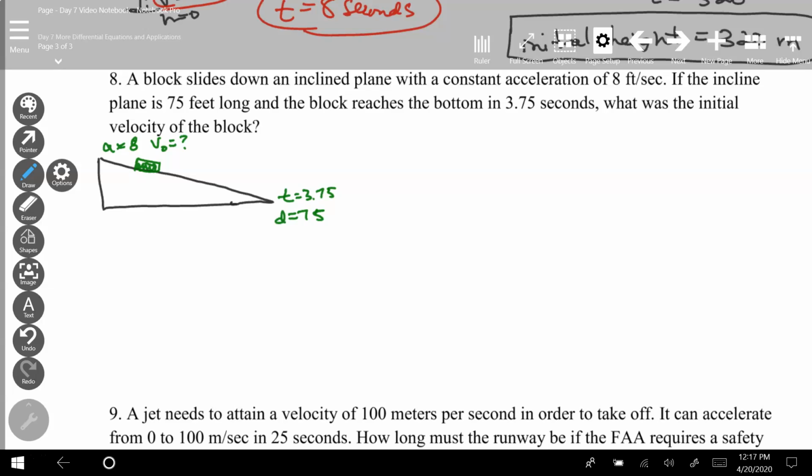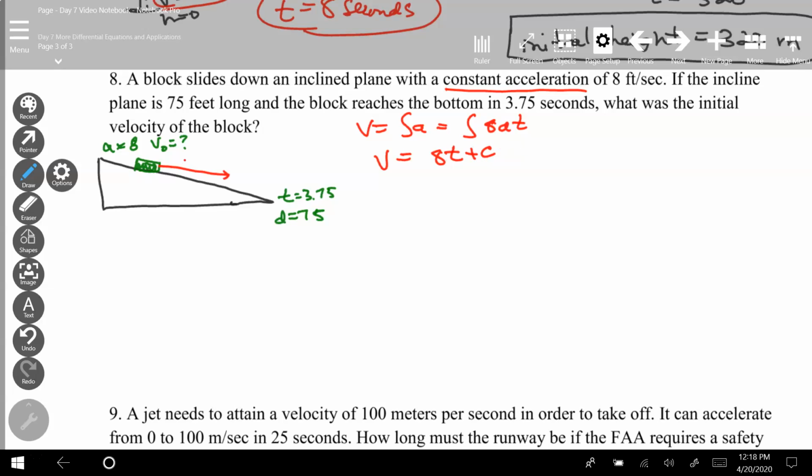So for this problem, we have a block sliding down an inclined plane. It has some initial velocity and a constant acceleration, which means it's linear again. I have to figure out what the initial velocity is, given that it went down 75 feet in 3.75 seconds. Well, v equals the antiderivative of a, the antiderivative of 8 dt, so v equals 8t plus c.